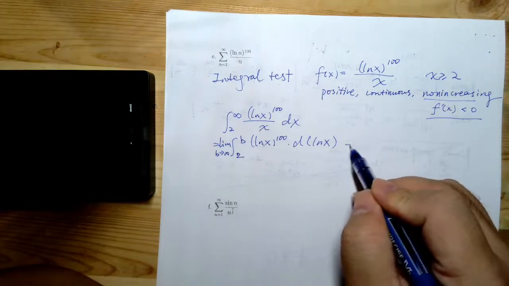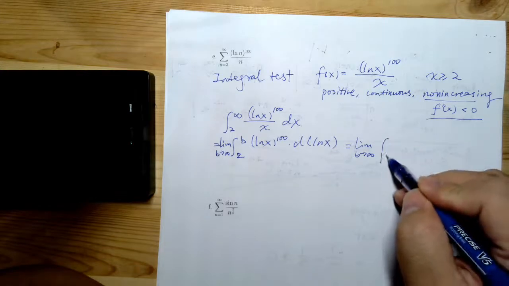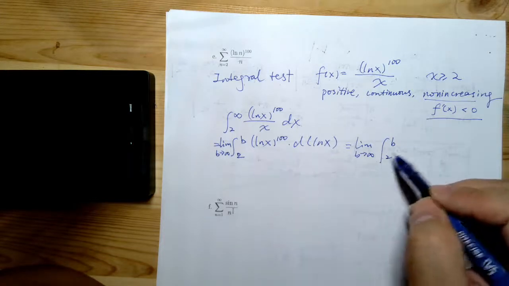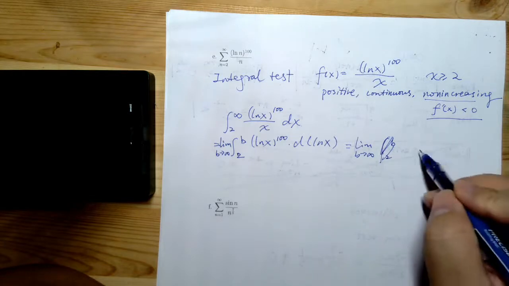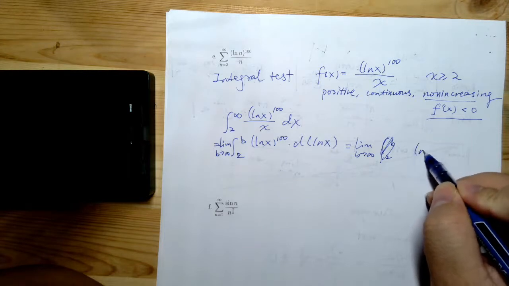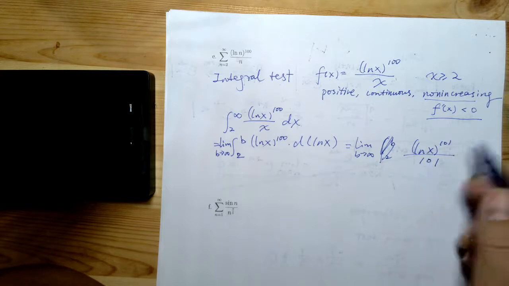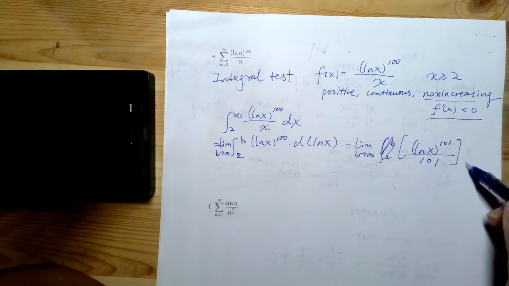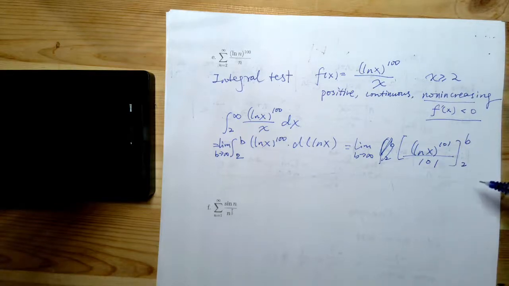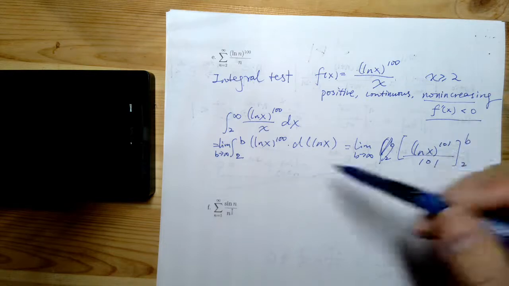So the antiderivative of this one turns out to be (ln x) to the power of 101 over 101. You can actually verify it. Take the derivative of this, so the 101 over 101 cancels out, giving you (ln x)^100 times the derivative of ln x, which is 1 over x, so it's bingo, back to here.